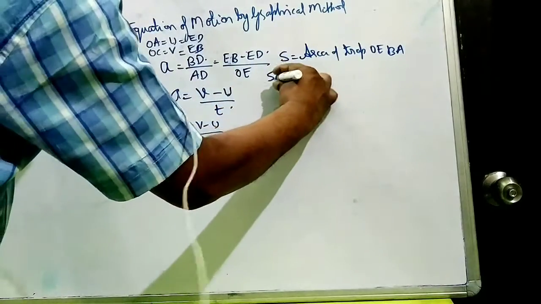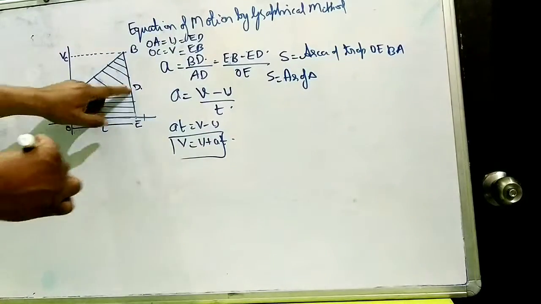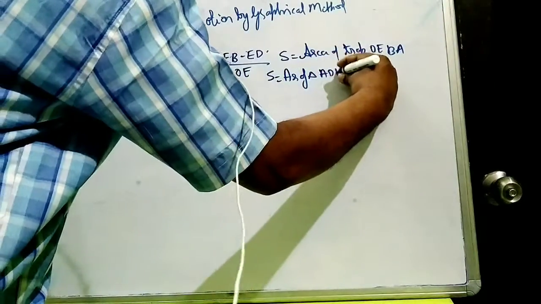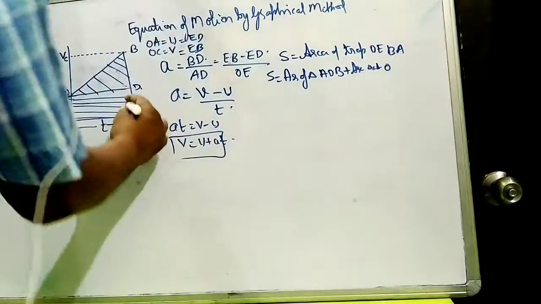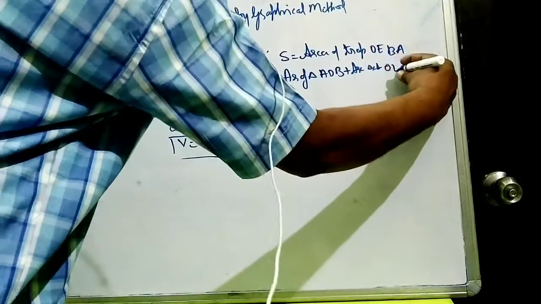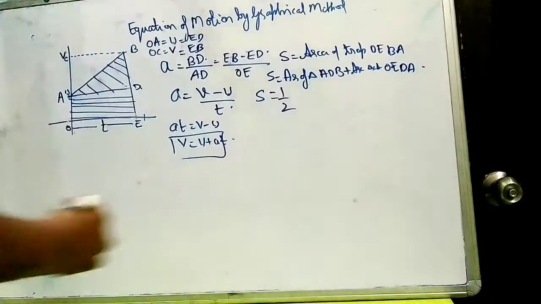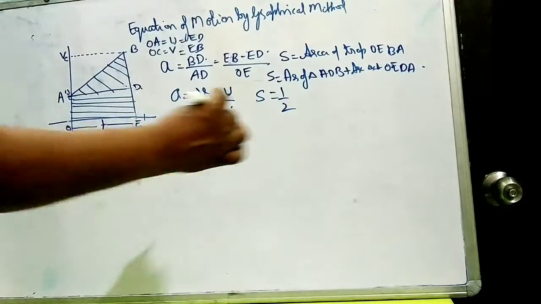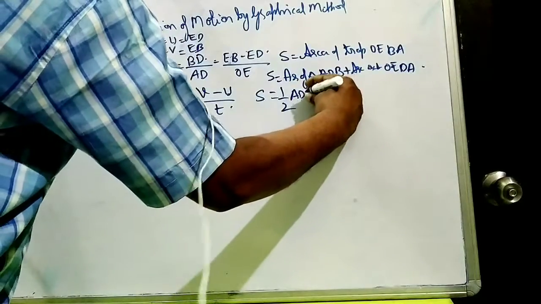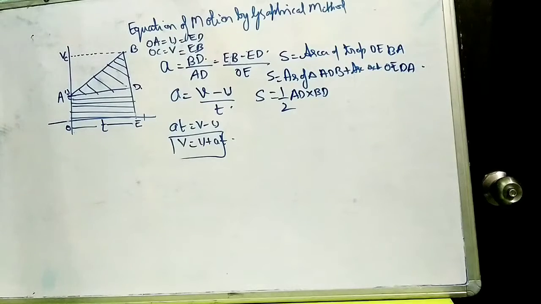So S is equal to area of trapezium, means area of triangle ADB plus area of rectangle OEDA. So S is equal to half AD into BD.